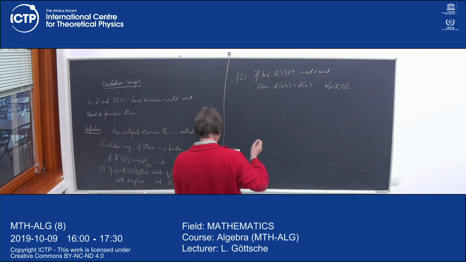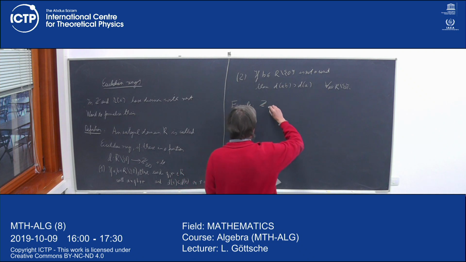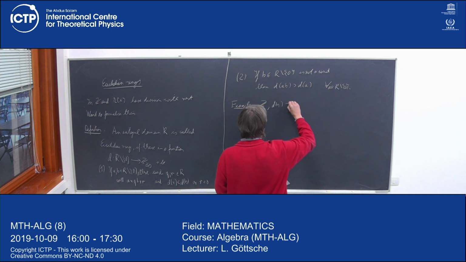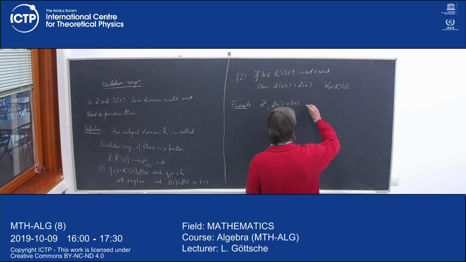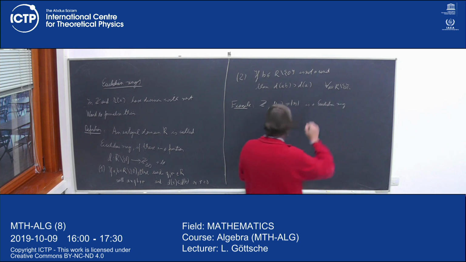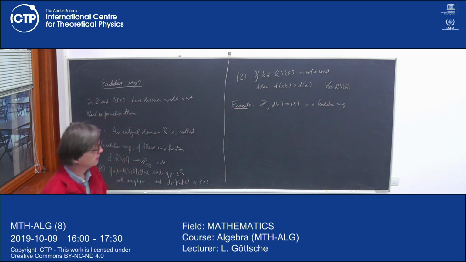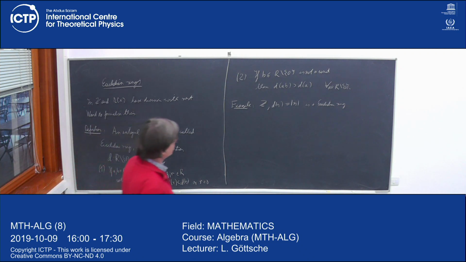So we know some examples. If we take the integers with d of n equal, for instance, the absolute value of n, this is a Euclidean ring, because we can divide an integer by another, and the rest will be smaller than what we divide by.